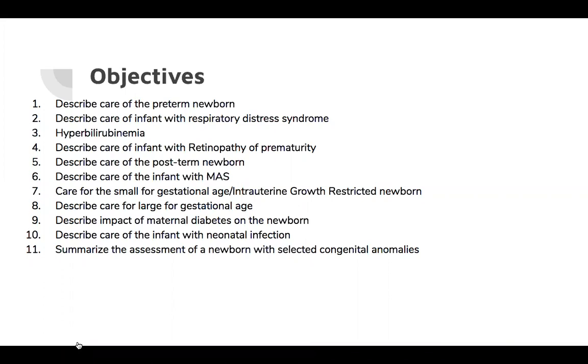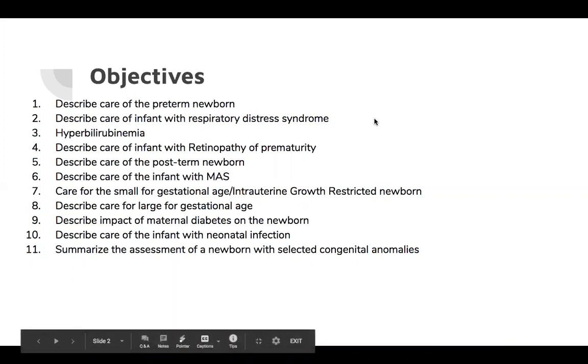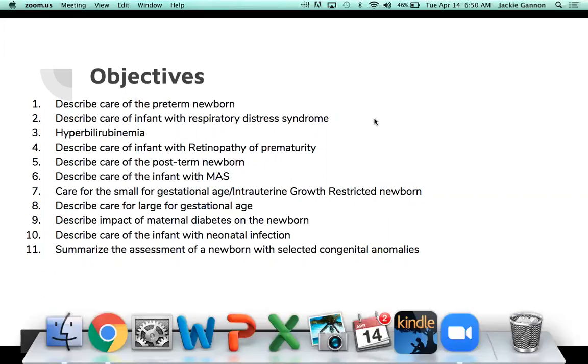They are two different concepts, but there's a lot of connectiveness with those. The next one is large for gestational age, the newborn born of a mom with diabetes, and care of neonatal infections. And we're going to discuss a few selected congenital anomalies.